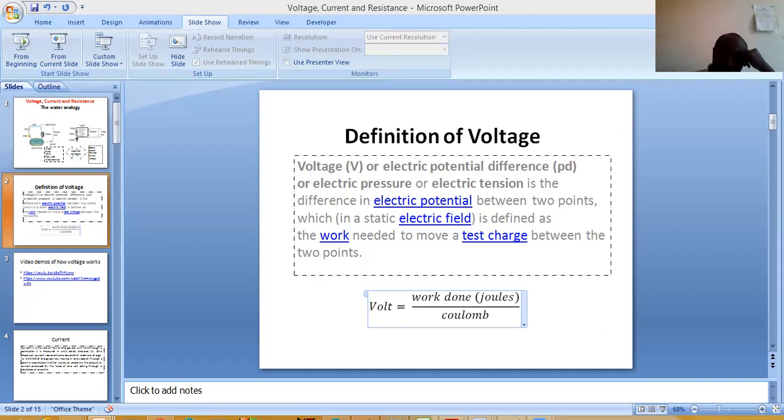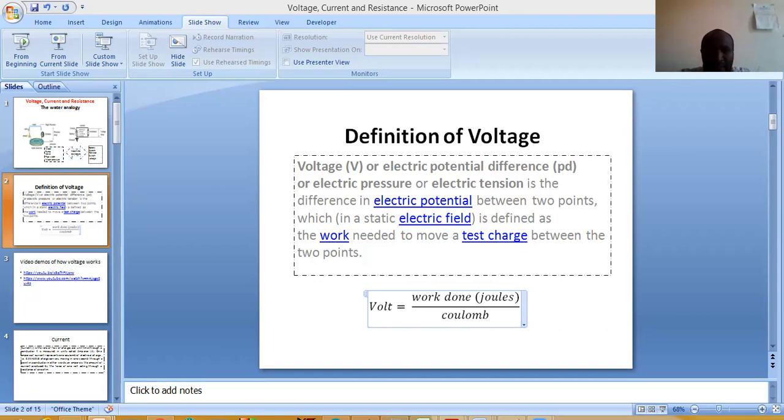So current is given by the ratio of the voltage and the resistance, and resistance is given by taking the ratio of voltage and current. So the triangles help you visualize those relationships very easily.